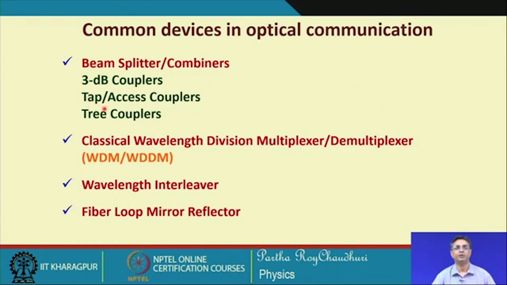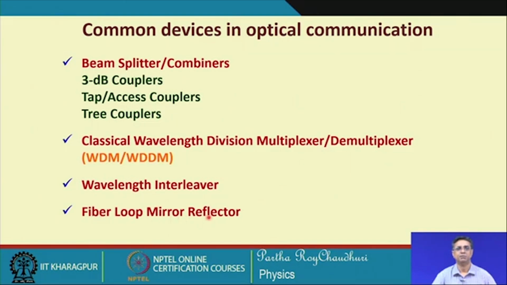It could be a tap or access coupler, which are used in optical communication systems. They are very useful and important components in the network. Then tree and tap couplers, that also we will see. We will try to understand the principle of wavelength division multiplexing in a fiber coupler. Then wavelength lever. There are many other applications.